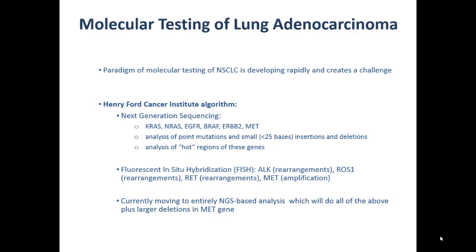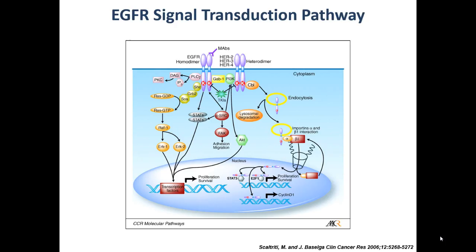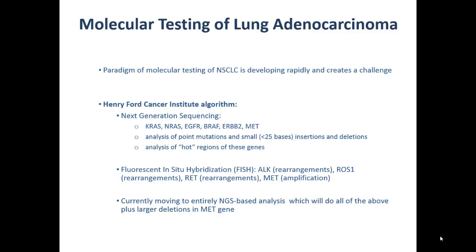So we are in the process of moving to a single NGS type of assay, as offered, for example, by Foundation One, Tempus, and several companies, which does everything, including translocations, rearrangements, amplifications, and all these point mutations in one tube. Igor, how much tissue do they need to do that? Actually, it's about 0.2 nanograms, something like that.